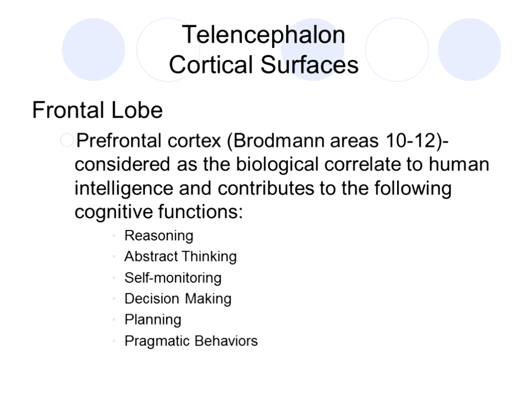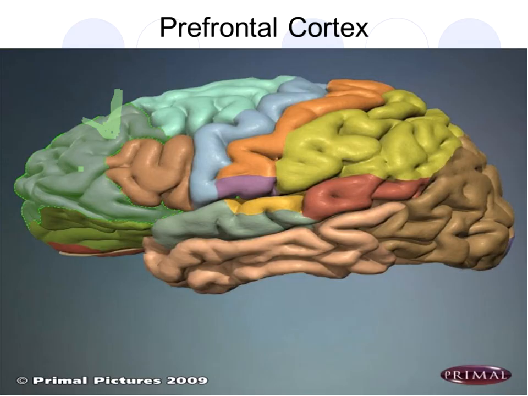And that's what we consider the frontal part of the prefrontal lobe of the brain. And all of those things, reasoning, self-monitoring, decision-making, and so forth, occur in that area of the brain, which is this area that I have highlighted in green.